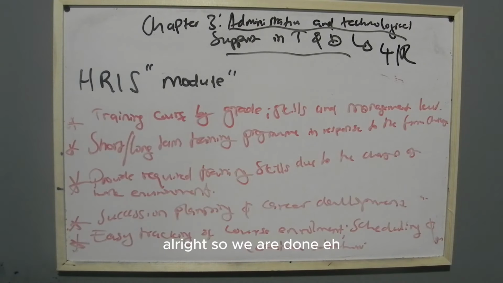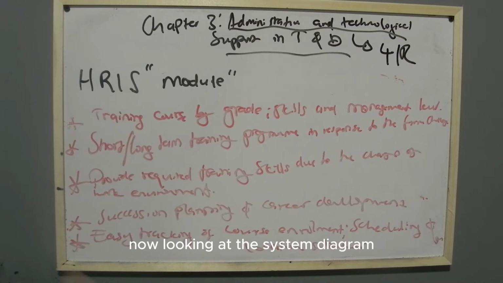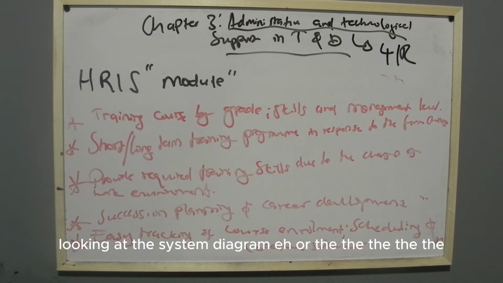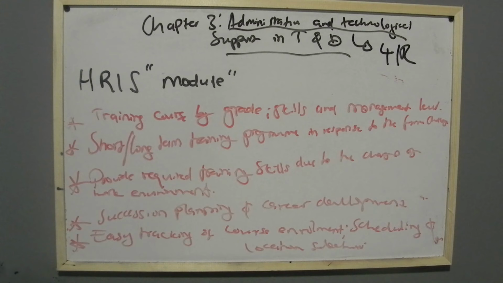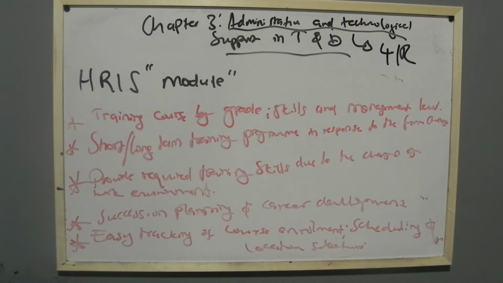Alright, so we are done with the human resource information system as a module. Now, looking at the system diagram of the human resource information system, what we first need to look at is the organization, right?